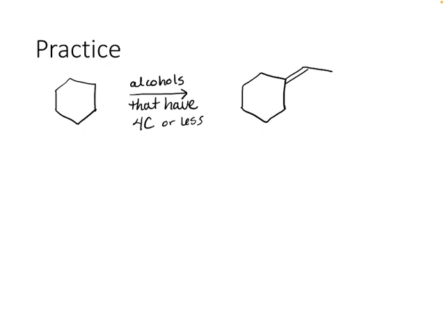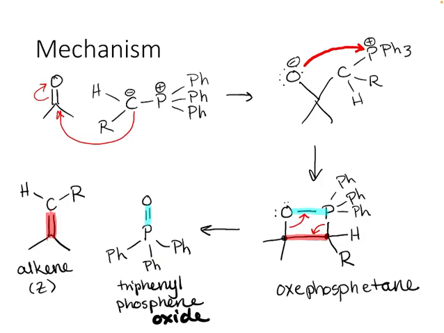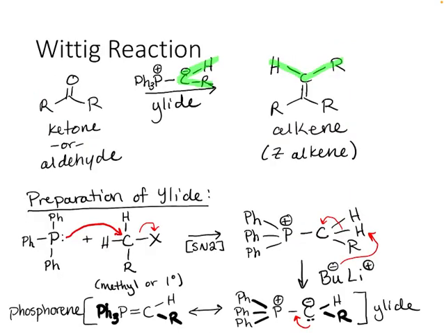All right, so the first thing that I recommend, if we go back to our simple Wittig reaction at the top here, notice again that the carbon group on the ylide is really taking the place of the oxygen on that double bond initially on the ketone or aldehyde.